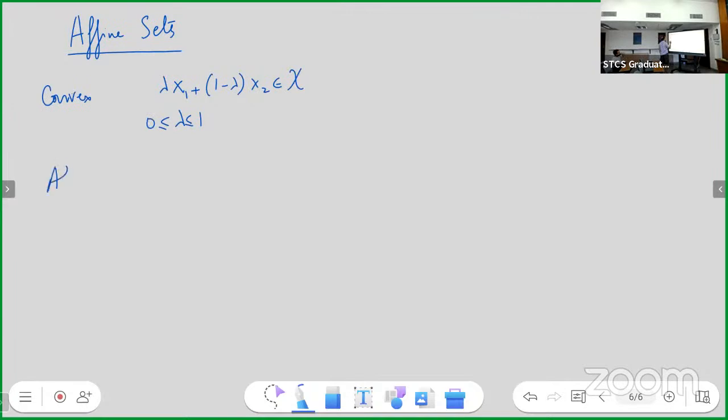Now affine is lambda x1 plus 1 minus lambda x2, but we don't insist anymore that lambda is greater than 0. Essentially, any linear combination. Which is more strict? Give an example which is affine but not convex.